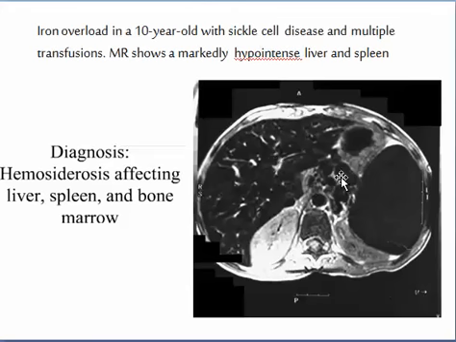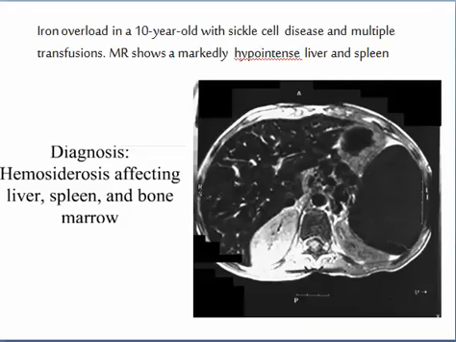This is a case of iron overload in a baby with anemia and multiple transfusions. Markedly hypointense liver and spleen. So again, due to the iron overload, we get this appearance. So marked low intensity of the liver and spleen is seen in iron deposition.